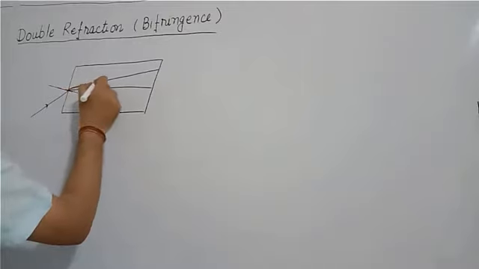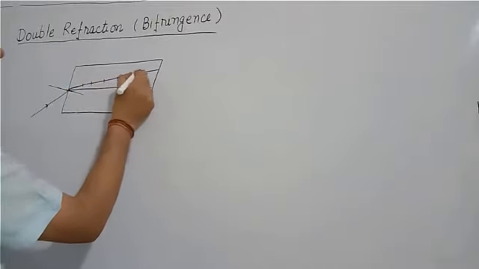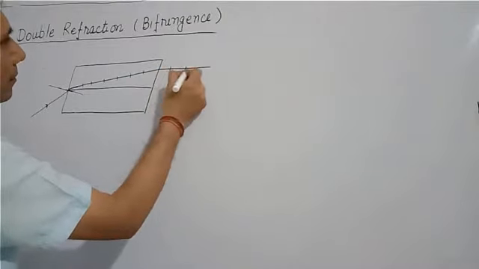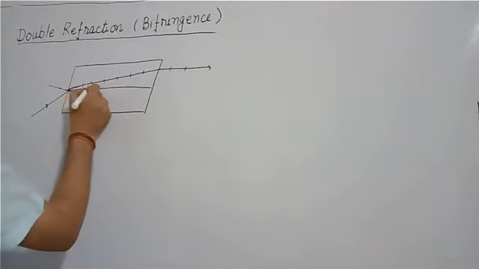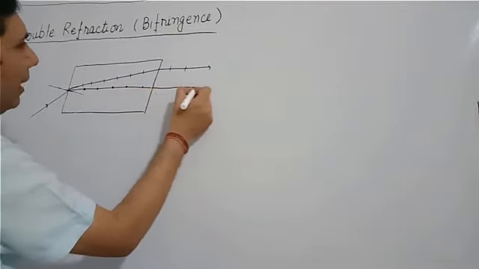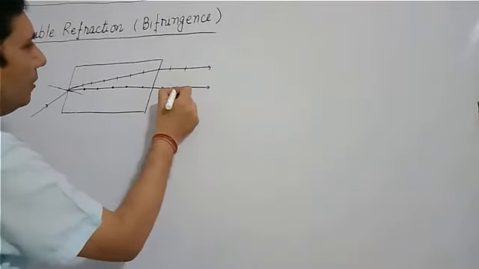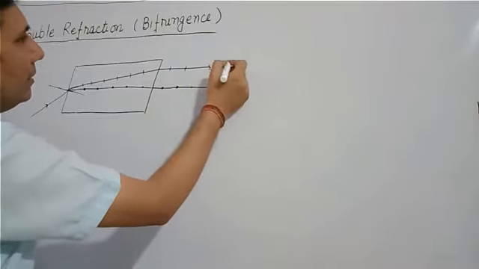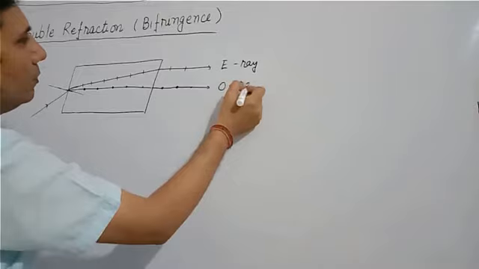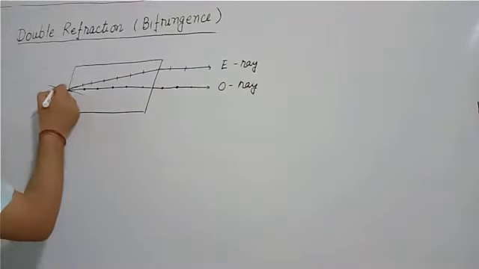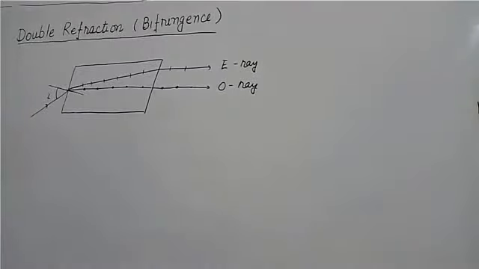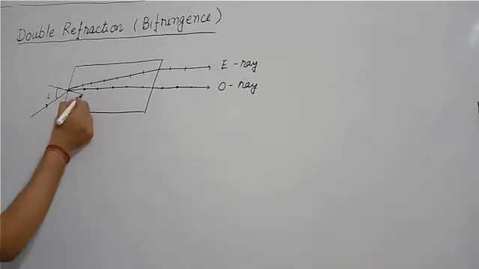Suppose this is E ray, and this is suppose O ray. So here we have two plane polarized lights, one is E ray and another is O ray. Suppose I is the angle of incidence.